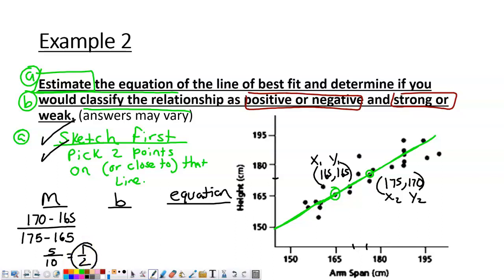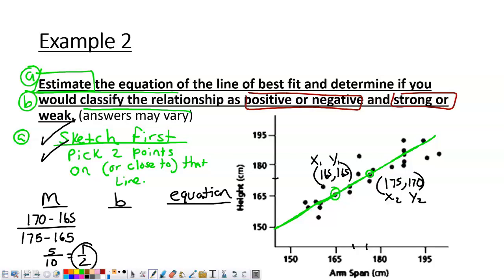I was kind of thinking that maybe I would have ended up with something really ugly like 5/13 or something. You may end up with an ugly slope. If you do, I don't mind if you just change it to a decimal and use a calculator for the rest of the problem. Or if you want, you can just leave it as a fraction. I got kind of lucky and just ended up with a nice fraction. But let's go ahead and continue here.